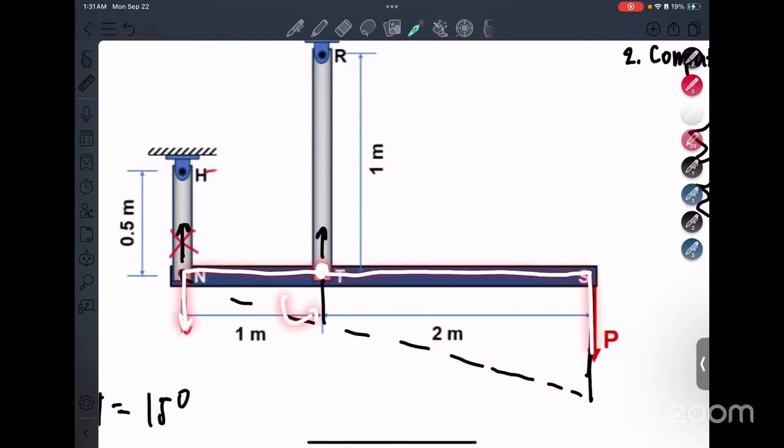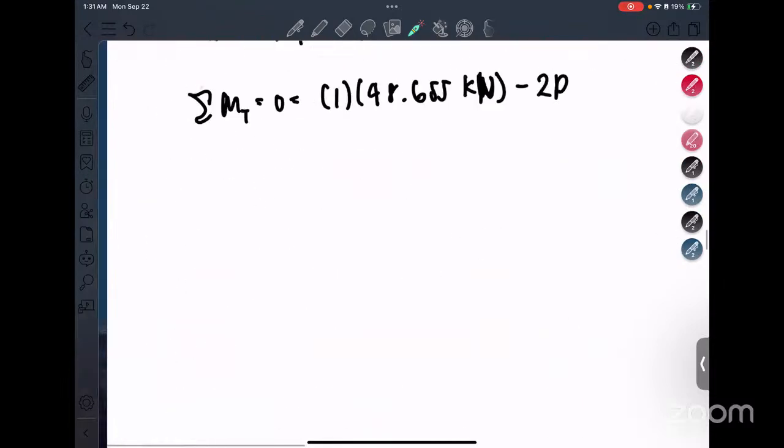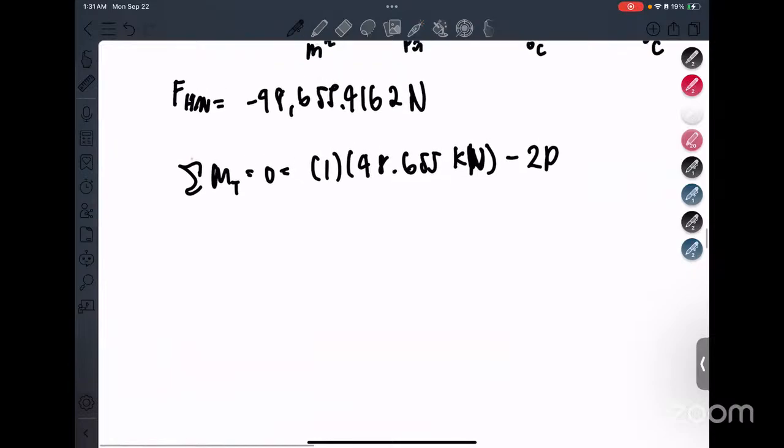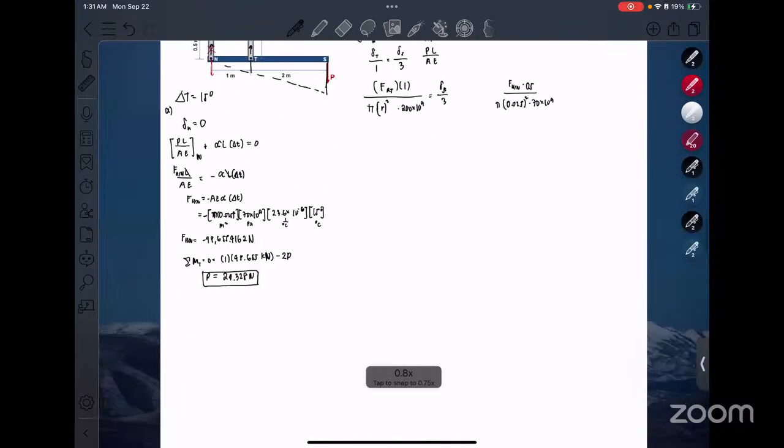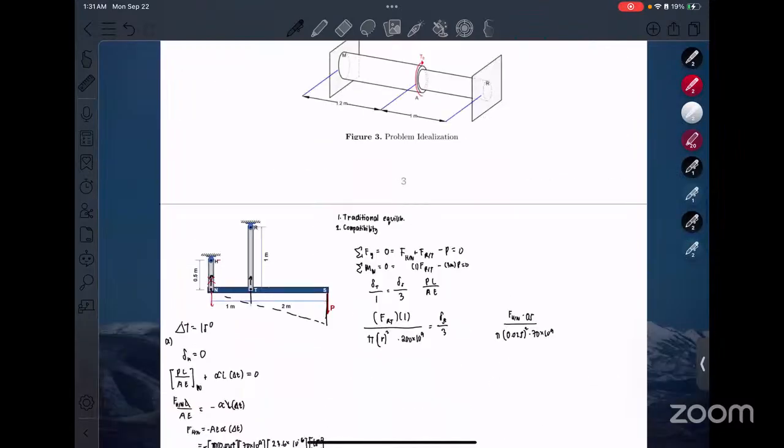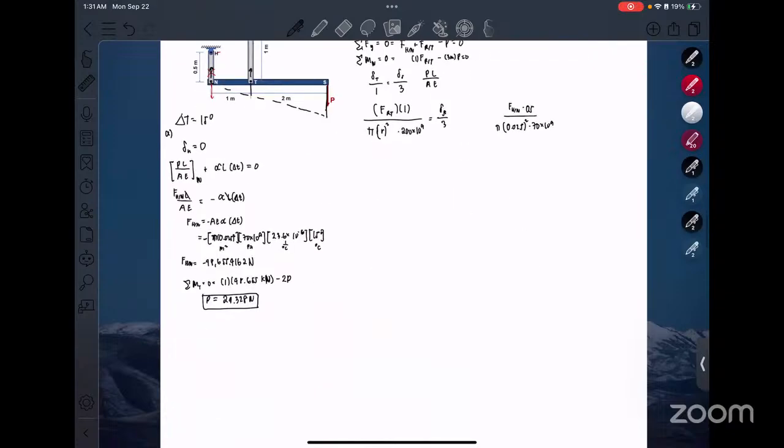Here, this is clockwise, so it's negative. Meaning our P is equal to 24.328 kilonewtons. Okay. So that's our P.